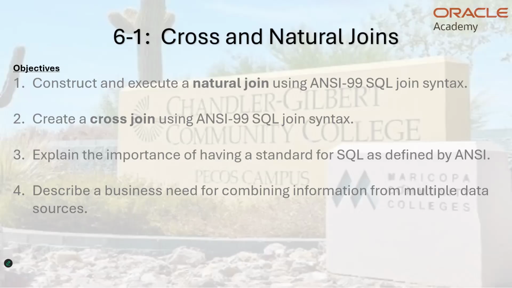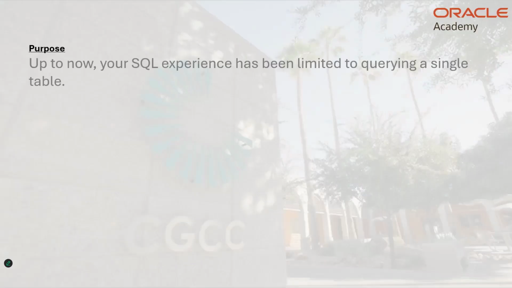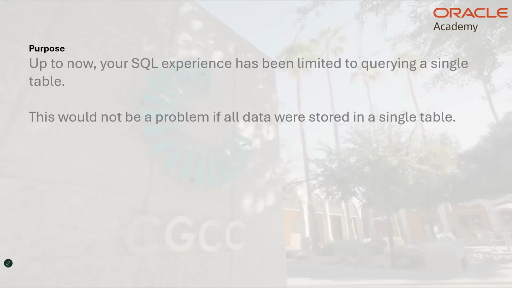Describe a business need for combining information from multiple data sources. And this is probably one of the key reasons to learn joins. But let's expand on that a little bit. Up to now, your SQL experience has been limited to querying a single table. Yes, we're going to go beyond that.